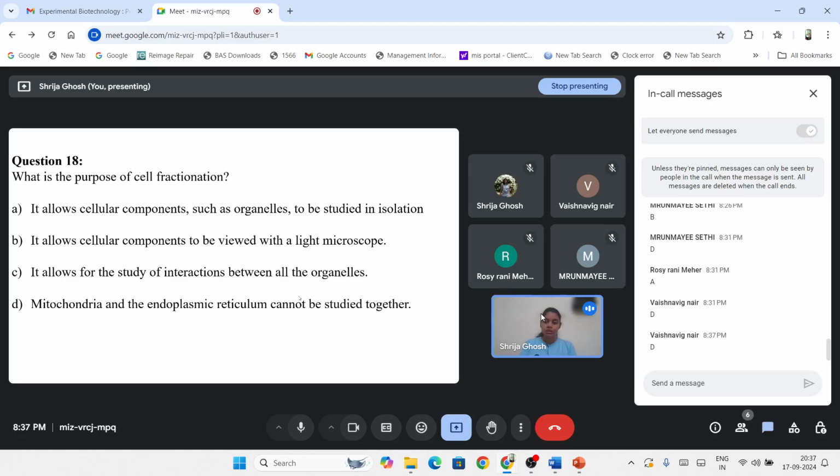Okay, Vaishnavik has answered option D. Okay, anyone else? Rosie has answered option A. It allows cellular components such as organelles to be studied in isolation.